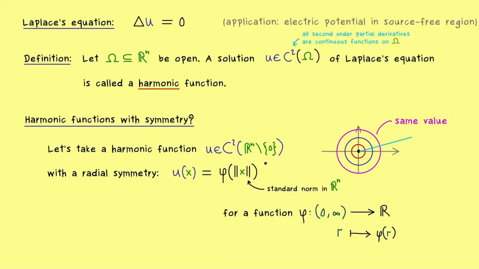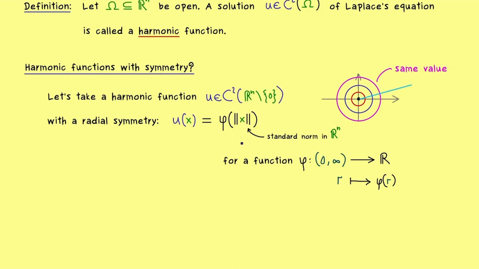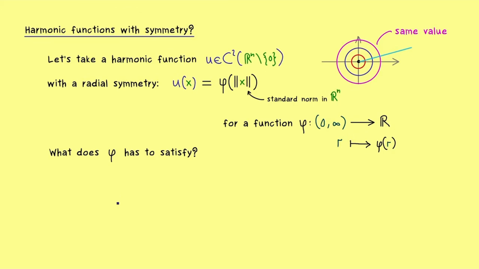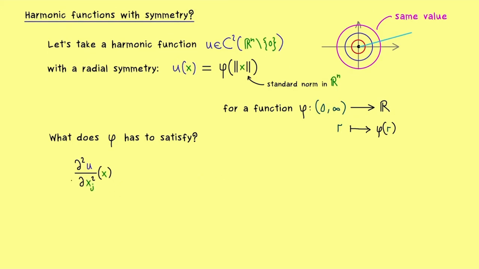So you see, if we already assume that u is harmonic, we need to apply the Laplace operator to this composition of two functions. And then we definitely know the conditions that phi has to satisfy in this case. So again, we assume that u is harmonic, so summing up these partial derivatives gives us 0. Therefore, let's first start with the first order partial derivative del u del xj. There we just have a chain rule because we have this composition of two functions.